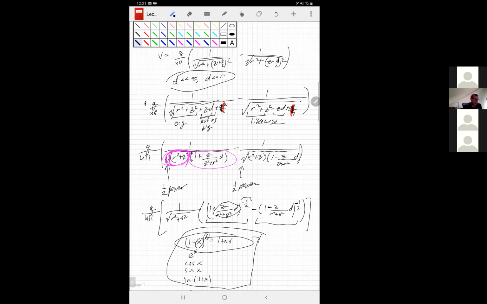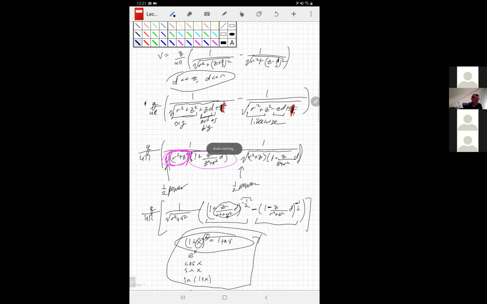So d squared over 4 goes away. Then we factor out r squared plus z squared. We factor out the big thing. We're left with r squared plus z squared times 1 plus zd over z squared plus r squared. And then the other denominator, r squared plus z squared times 1 minus zd over r squared plus z squared.